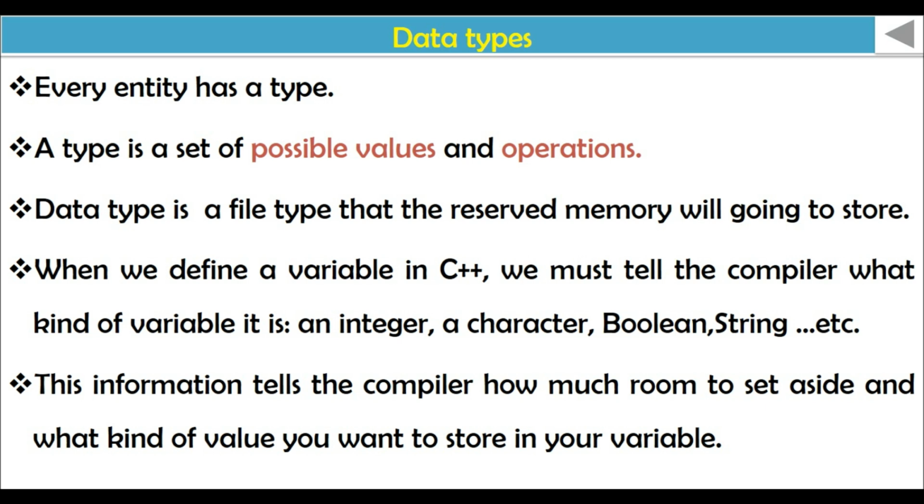So it may be an integer, it may be a character, it may be a boolean, or it may be a string, or it may be a floating point variable. It depends on the variable that we're going to use, right? So this information tells the compiler how much room to set aside and what kind of value you want to store in your variable.